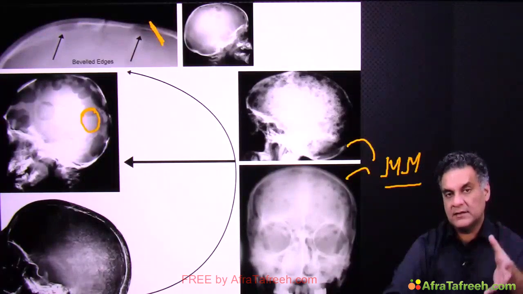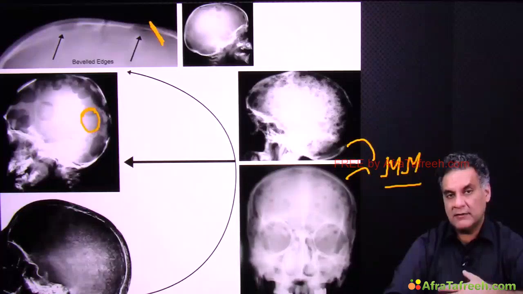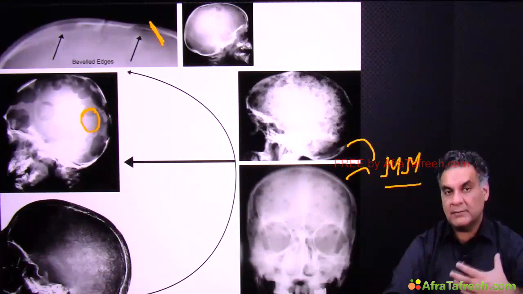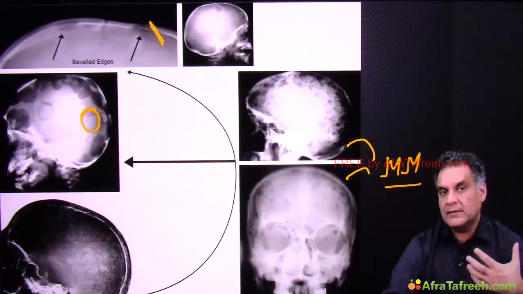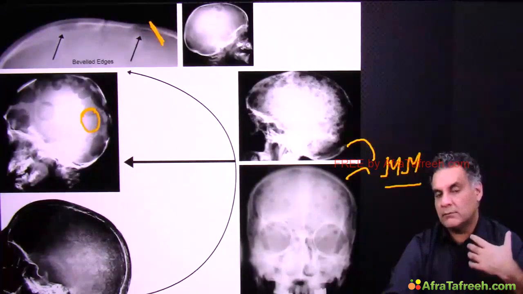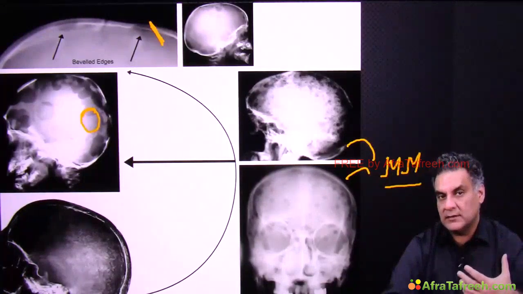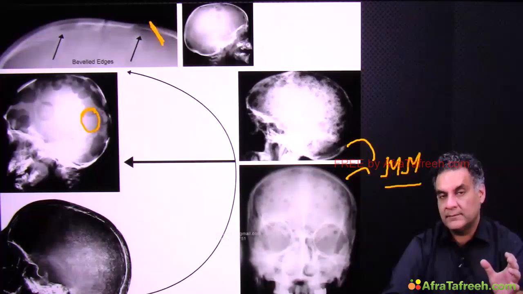They have areas. You can have moth-eaten appearance, a more aggressive variety seen in multiple myeloma and metastasis. And as they become more and more aggressive, more destructive, you can have permeative margins seen in multiple myeloma, metastasis, but Ewing's, the most aggressive tumor known to mankind.